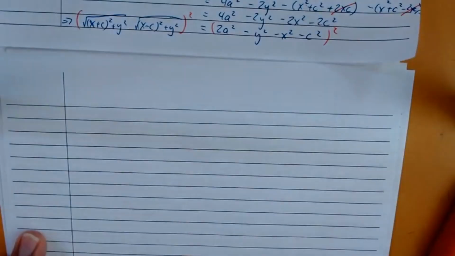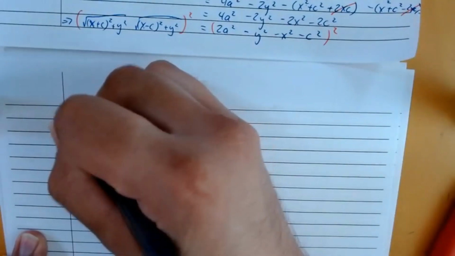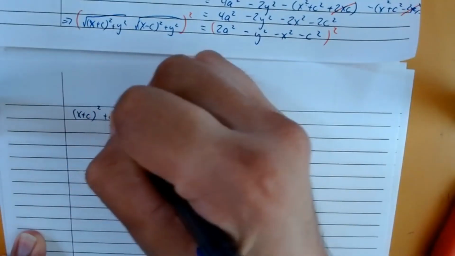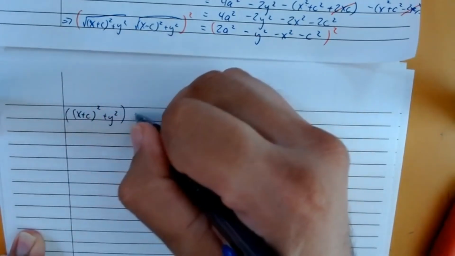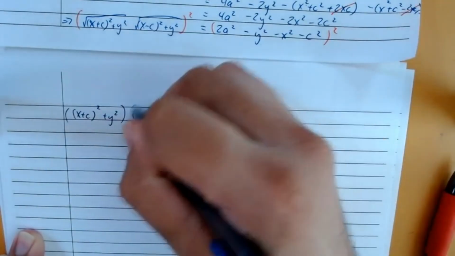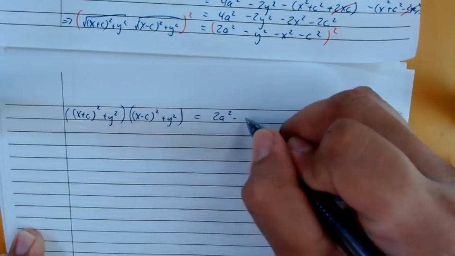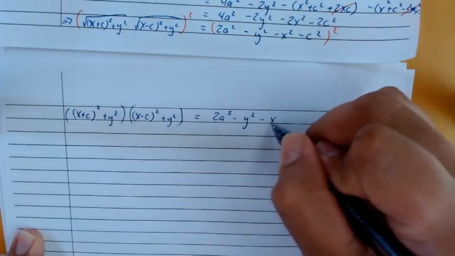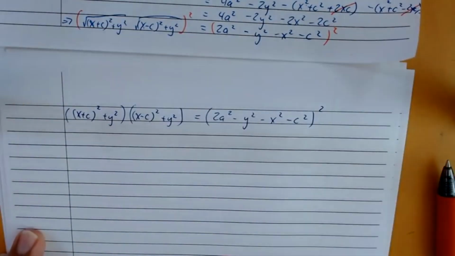So that's going to give us (x + c)² + y² times, and again, that gets rid of that square root, (x − c)² + y², like that, is equal to (2a² − y² − x² − c²) squared.